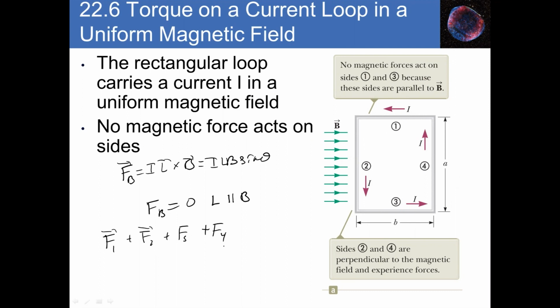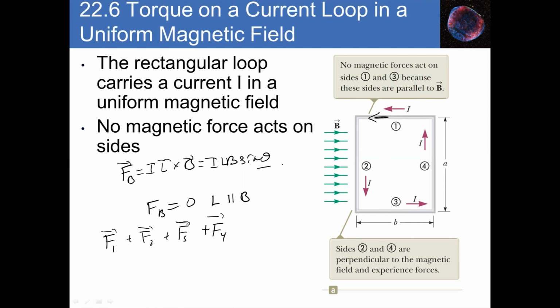Okay, and you can see I can basically completely ignore segment 1 and segment 3. Why? If I'm considering segment 1, my ds component or L component will be 180 degrees with respect to the magnetic field.